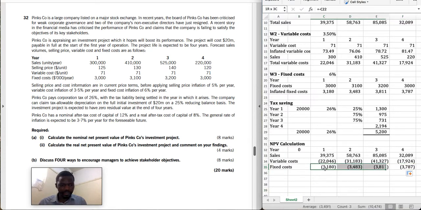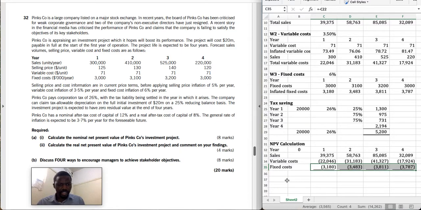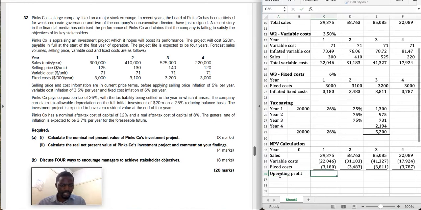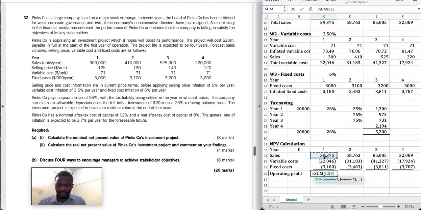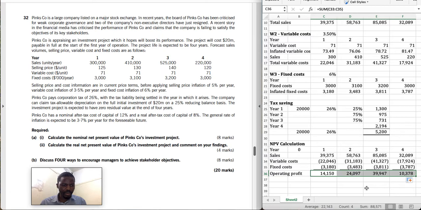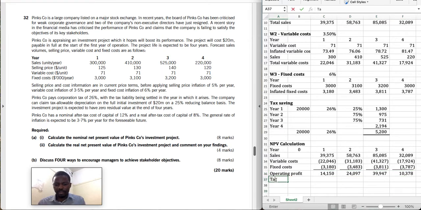Then now, if we have all of that, we get operating profit. Operating profit will be the sum of the sales less variable and fixed costs. If we calculate for year 1, we copy the formula up to year 4. Then we have got tax payable at 26%.